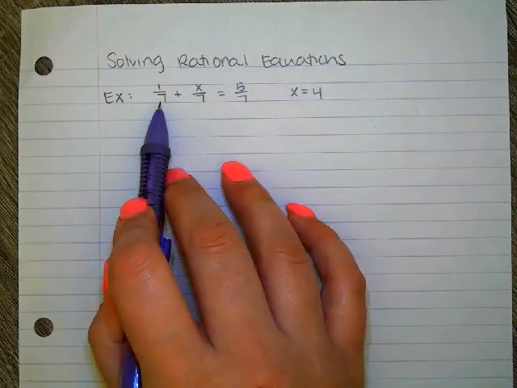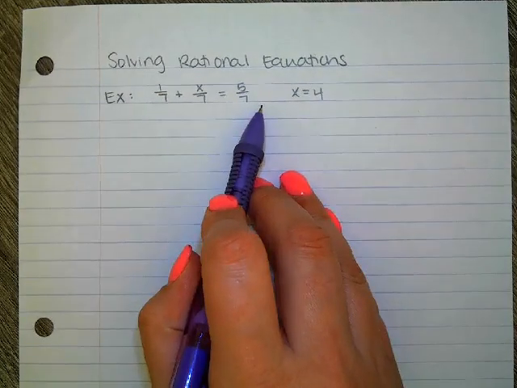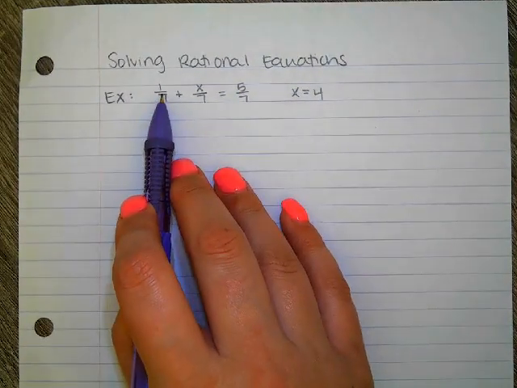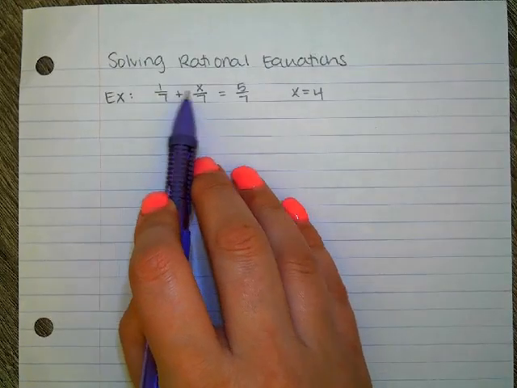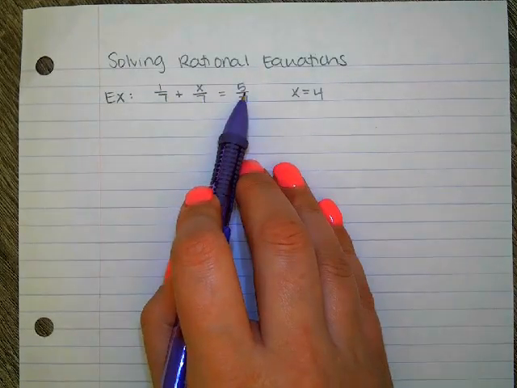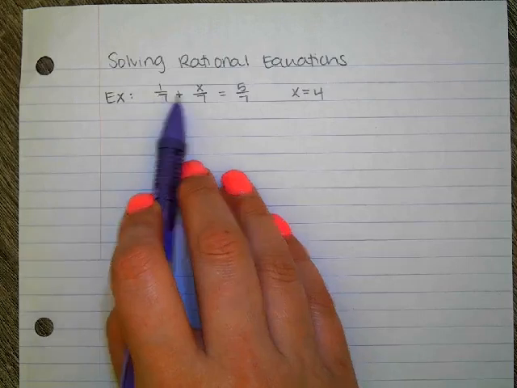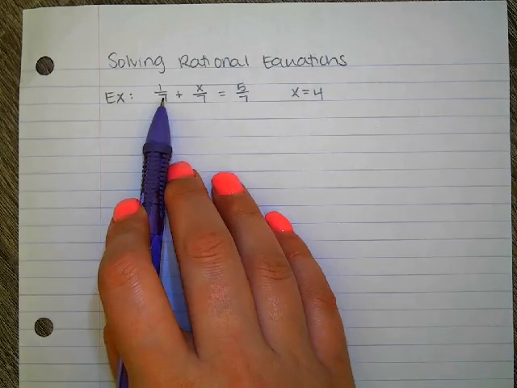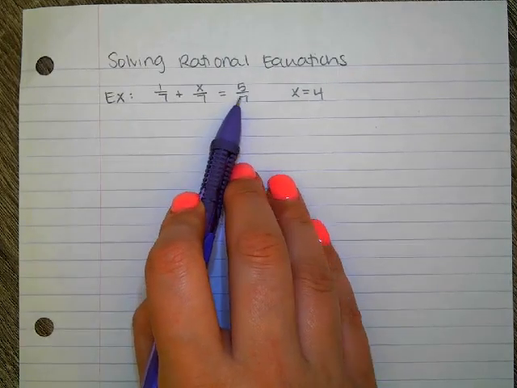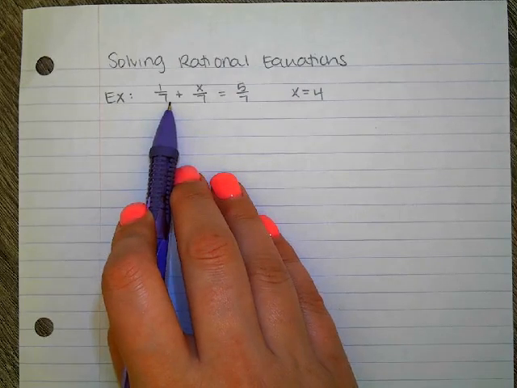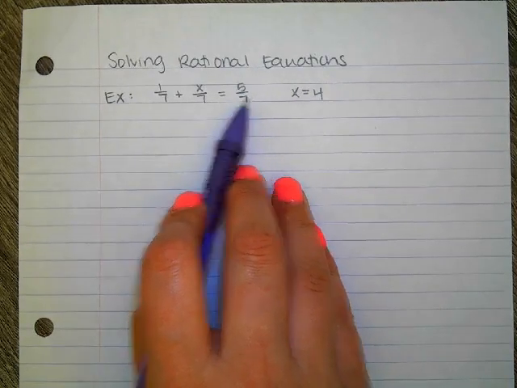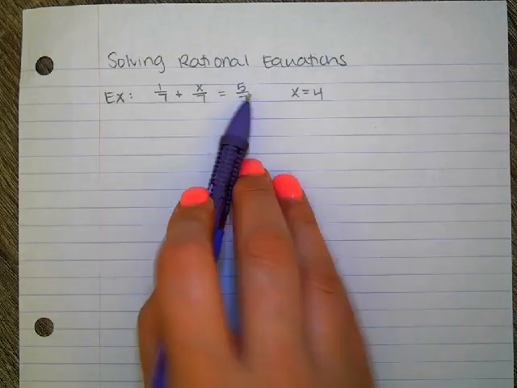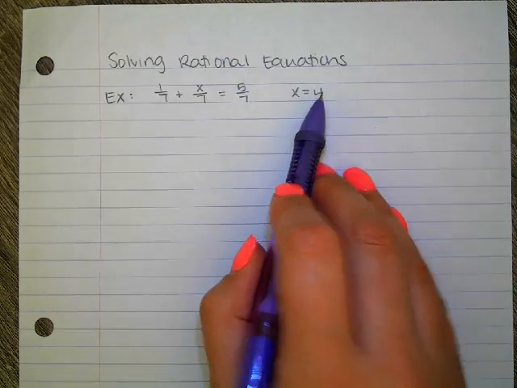If you can have this rational equation written so that you have a common denominator, which is what we have here, that's why we're able to solve this intuitively. That's why we can say, oh, 1 plus something equals 5, and then say, oh, that something must be 4.